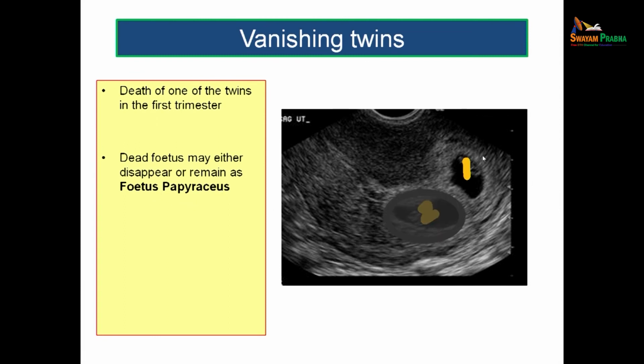In the initial pregnancy, that is in the first trimester, you will be having two fetuses in the intrauterine cavity, but later when you look for the twins, one will be actually absent. So, that is the death of the other twin, and sometimes this will disappear or sometimes it will be seen as fetus papyraceous.